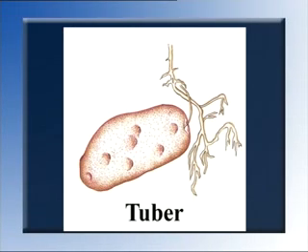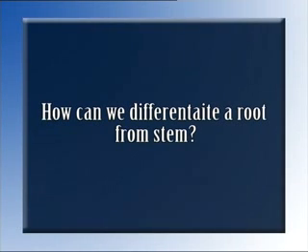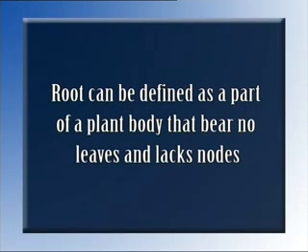Here a question arises in our mind: how can we differentiate a root from a stem? The answer is simple: roots do not bear leaves and are not differentiated into nodes and internodes as a stem is. Therefore, a root can be defined as a part of a plant body that bears no leaves and lacks nodes.